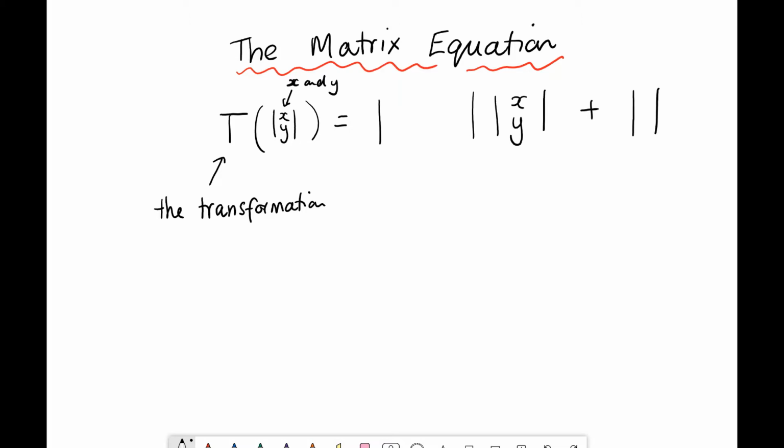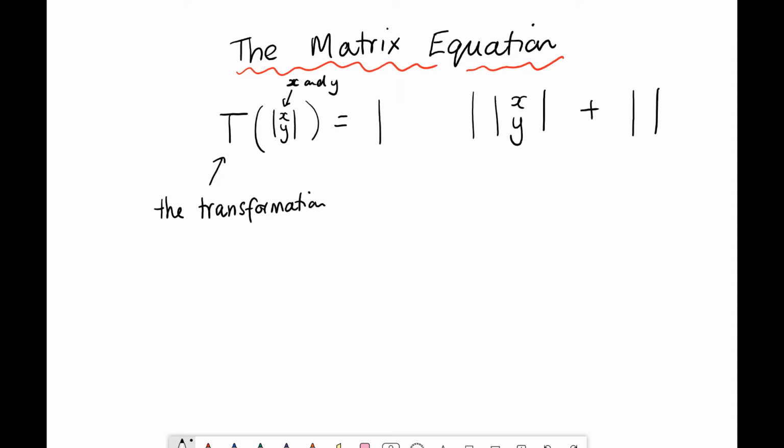We can't just use x or use y. We're using the array, the matrix, the list, however you want to think of it. We're using the array x and y. So we're transforming both coordinates, or both components of each coordinate, throughout the whole graph. So the transform of x and y.